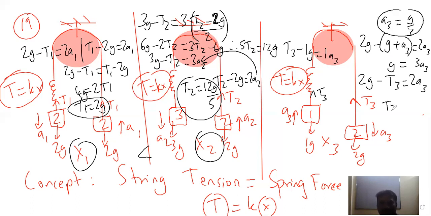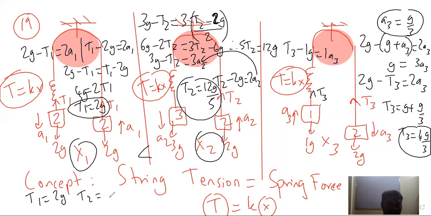So T3 comes out to be G plus G by 3. So T3 is 4G by 3. So now if I compare, 4G by 3 is the smallest. T1 came out to be 2G, T2 came out to be 12G by 5, T3 came out to be 4G by 3.